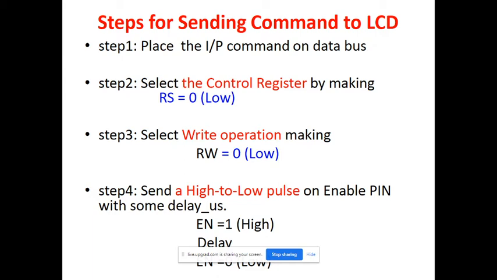Instead, we just write a command subroutine. A subroutine is a subprogram, and you call that program after every command: clear the screen, then set the cursor position, shift the cursor, like that. Instead of writing the same thing again and again, we write that sub part or subprogram somewhere else, and that subprogram is called a command subroutine.